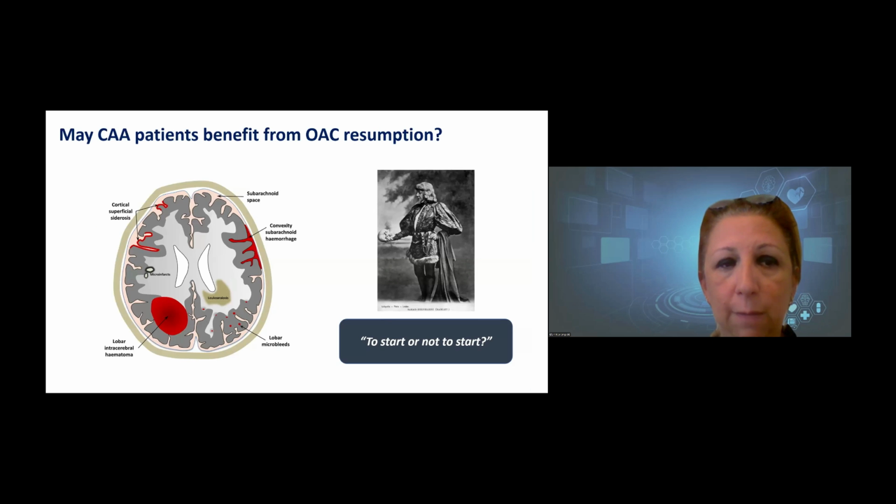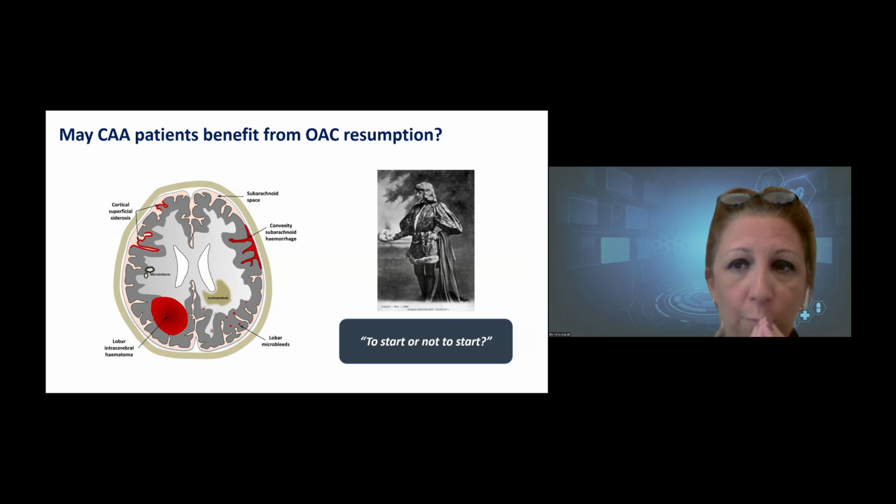anticoagulation resumption. What about, however, as mentioned before, patients who have different bleeding risks? Especially patients with cerebral amyloid angiopathy are at a higher bleeding risk. Should these patients also benefit from OAC resumption?